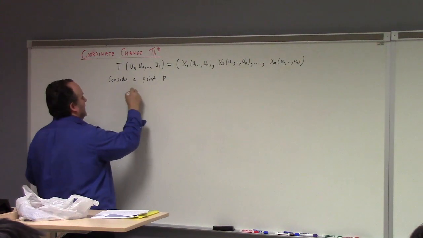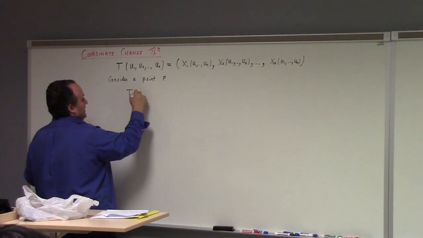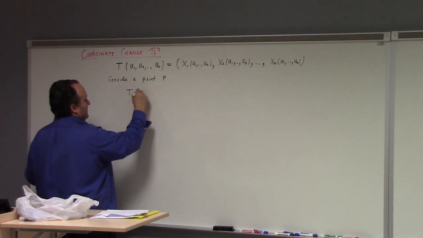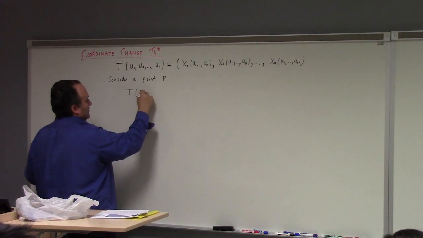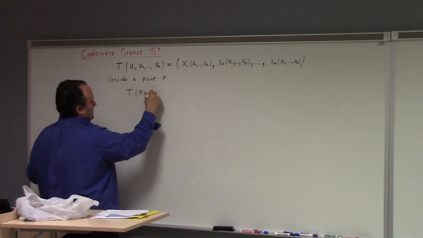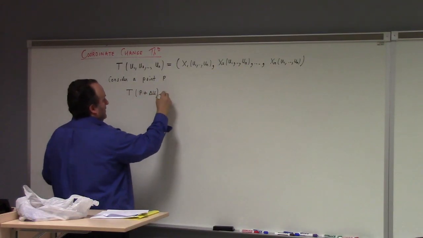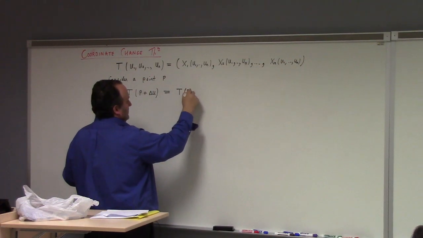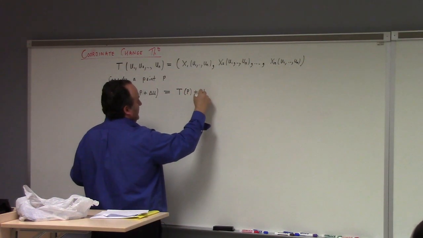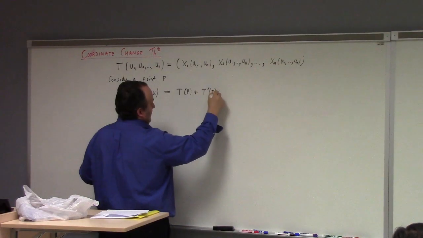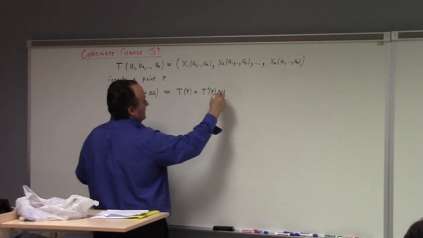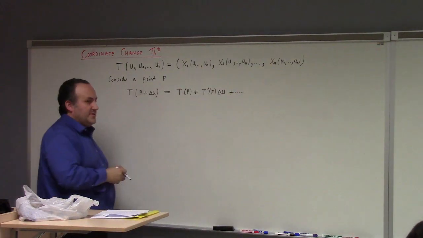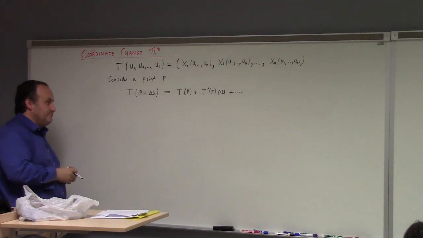Then we can look at T of P plus a change in U, all right? And that's going to be equal to T of P plus what we'd call T prime of P times the change in U plus, well, higher order terms, according to the multivariate Taylor expansion.